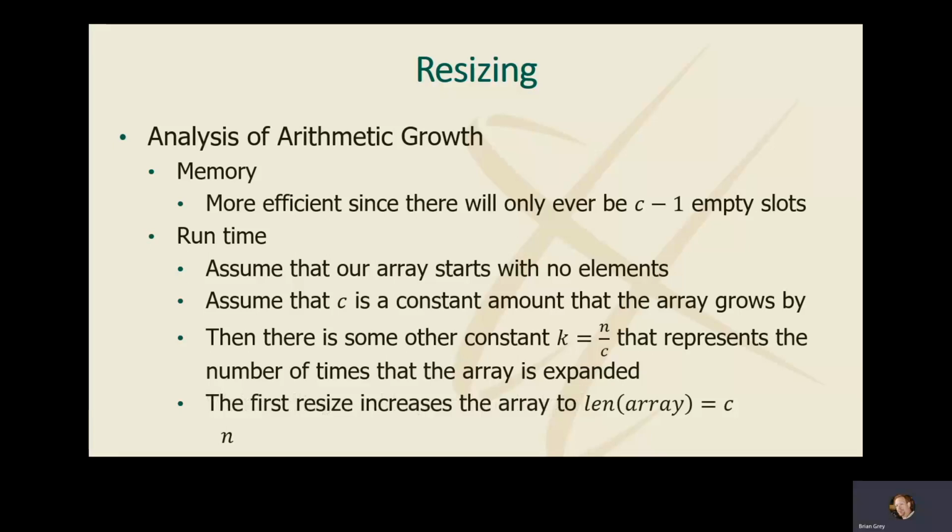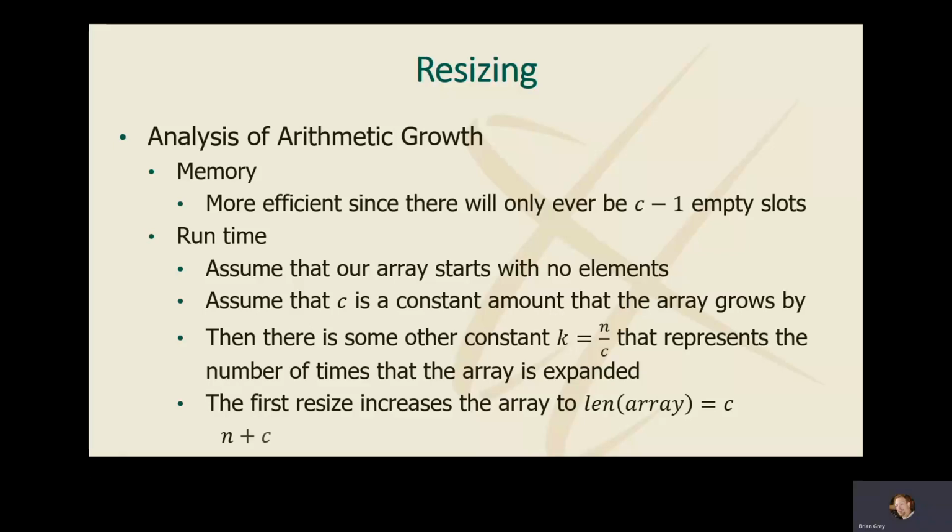So when we expand out of our initial array, we're not going to have to do anything. But then when we expand the second time, well, it says the first resize, really the first resize after we've added elements in it, right? We're going to have C elements in it. So if we've got 5 elements in the array, we're going to have to copy those 5 elements over to the new array of size 10.